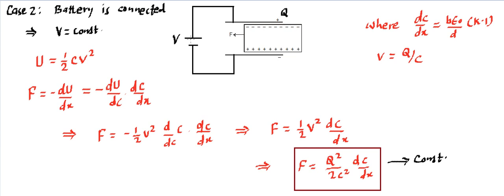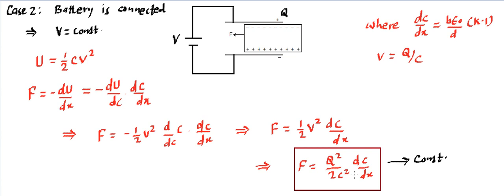So when the battery remains connected, the force on the dielectric slab is constant, and this is of this value. However, in the previous case, or case number 1, we got the same expression, F is equal to Q square upon 2C square dc by dx. And in that case, you'll find that force was not constant, it was a variable that was dependent on x.